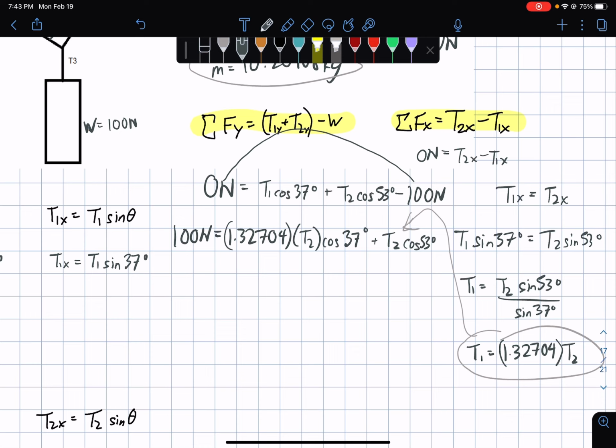We can group these two terms since they have the same variable T2. It's a matter of algebra in that sense. 1.66164 T2.